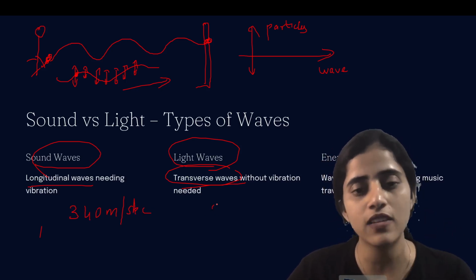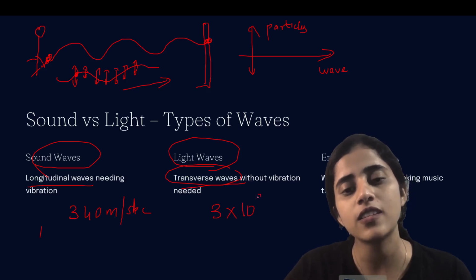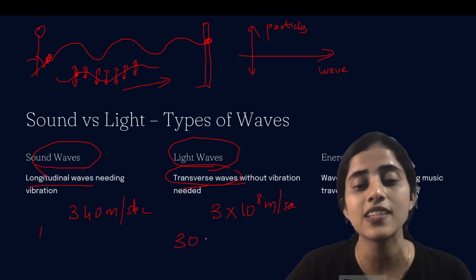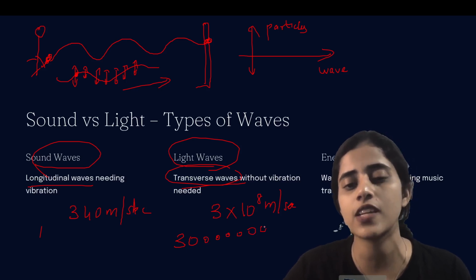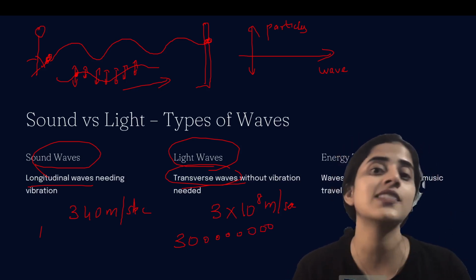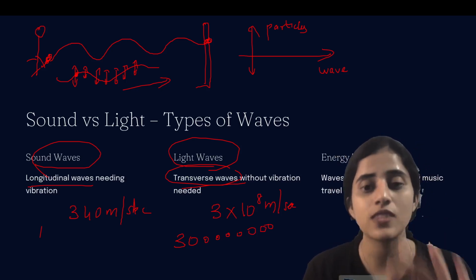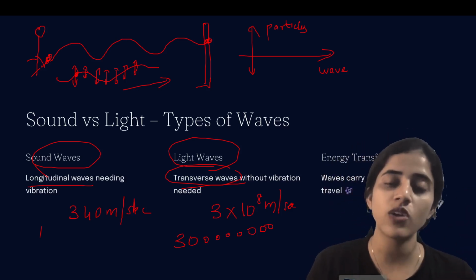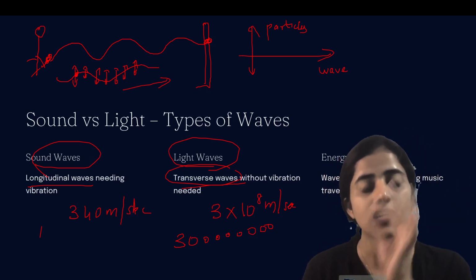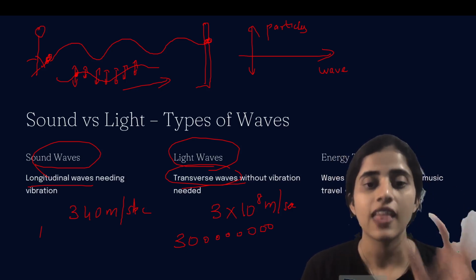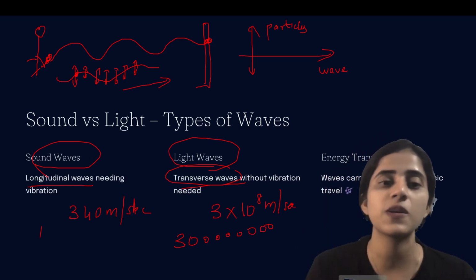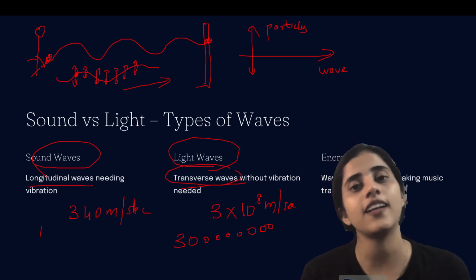But light waves have a speed of 3 into 10 raised to 8 meters per second, which means 3 and 8 zeros. 1, 2, 3, 4, 5, 6, 7, 8. 3 and 8 zeros. So 3 into 10 raised to 8 meters per second. For sound waves, it is 340 meters per second. You can look at the difference in speed for both.